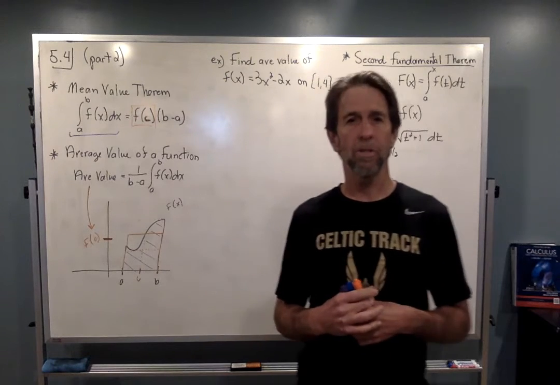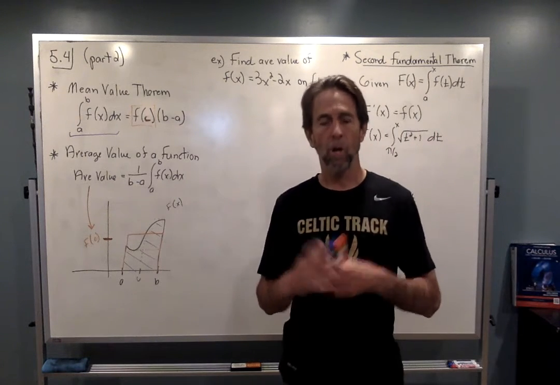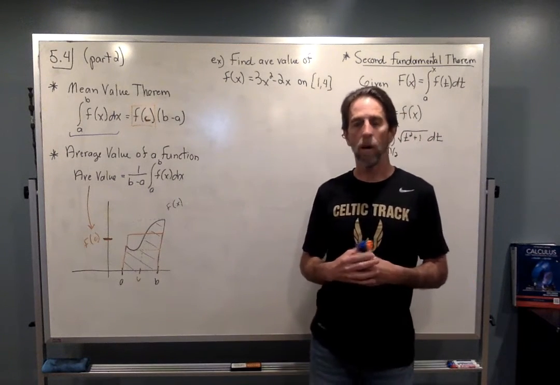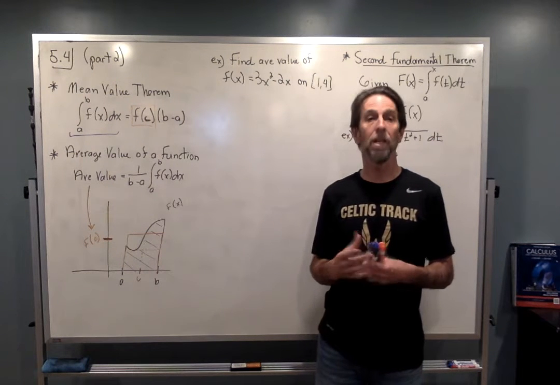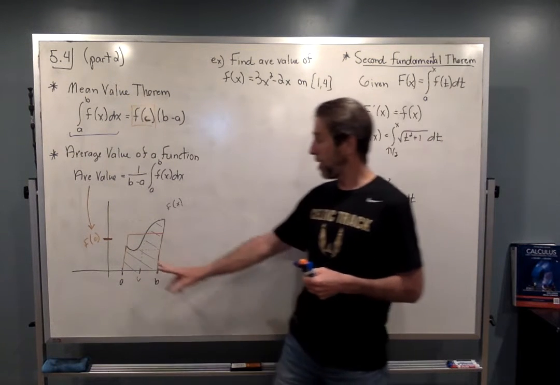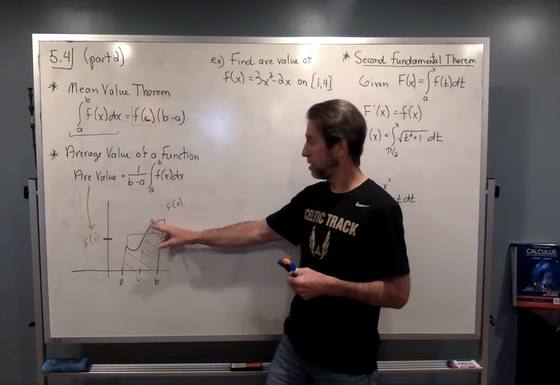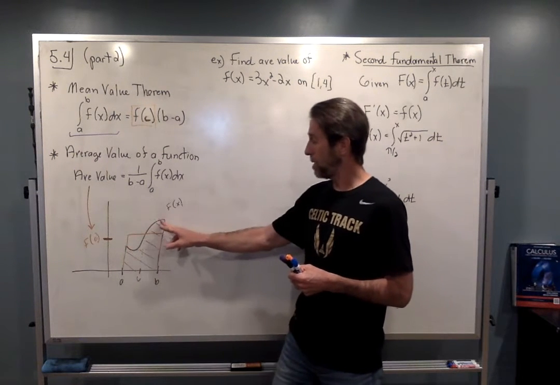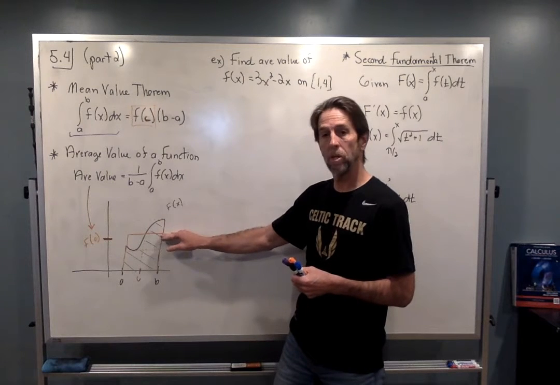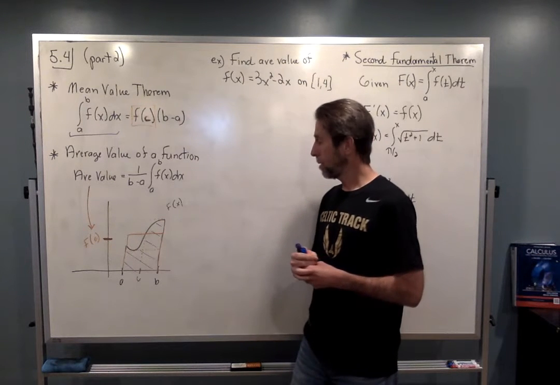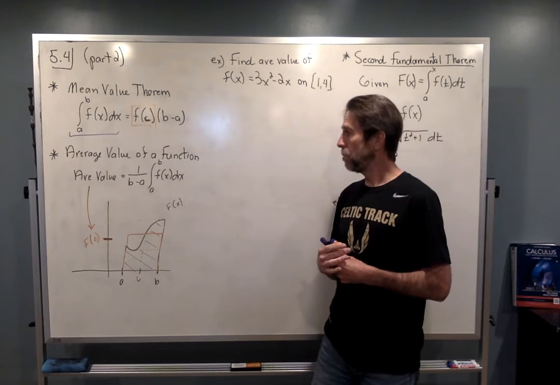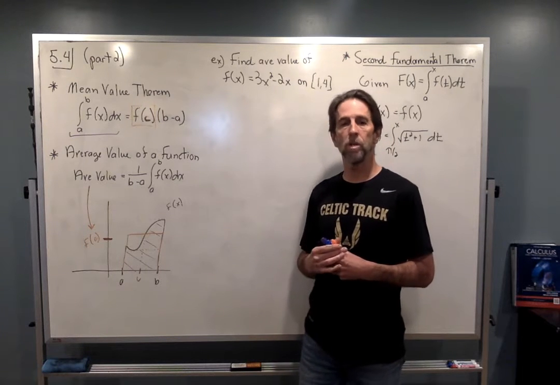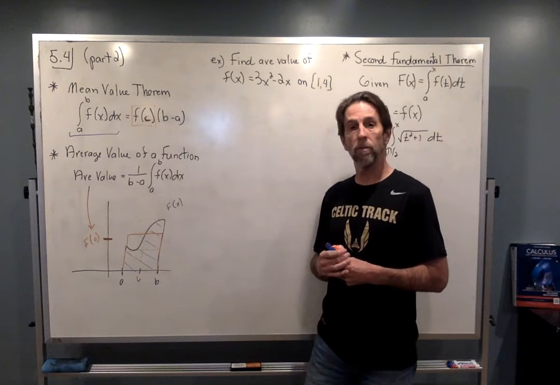But if I want the average temperature, I would have to find all the temperatures. Well, how many temperatures are there? There's an infinite number. So if I could have a temperature function, somehow graph that, I can basically find the average temperature by doing this very thing. We could do it numerically also, but that's one of the examples of using the average value of a function.